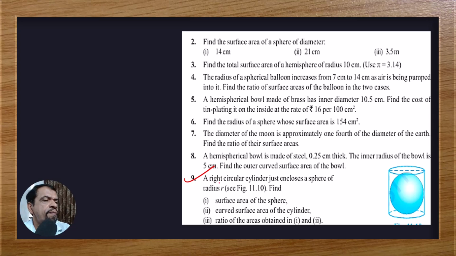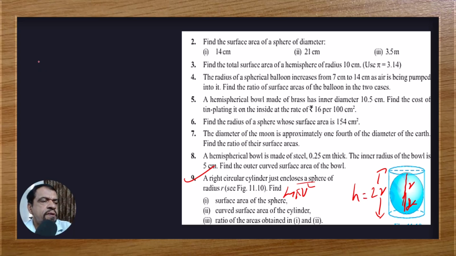Question 9. A right circular cylinder just encloses a sphere of radius r. Surface area of the sphere, it is very simple, 4 pi r square. Now surface area of the cylinder. This is the radius r, so this diameter will be 2r. This diameter is equal to the height of cylinder. Height of cylinder is diameter.